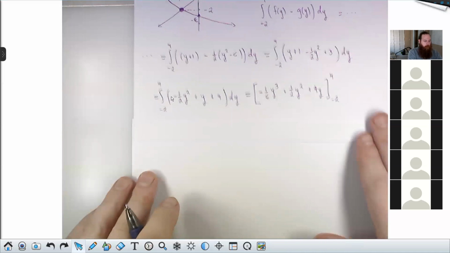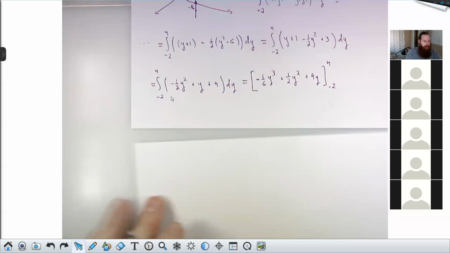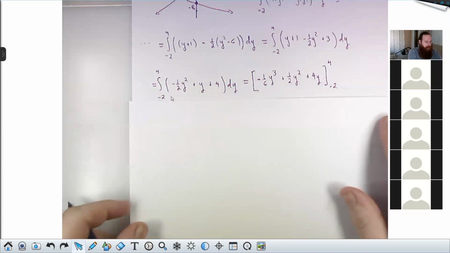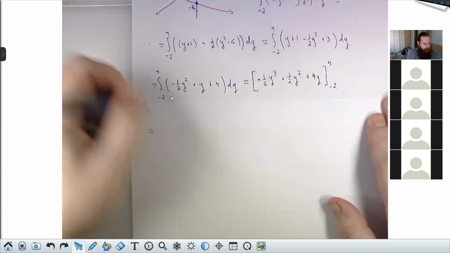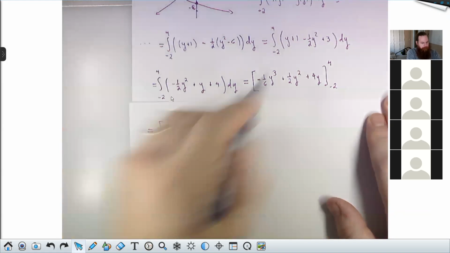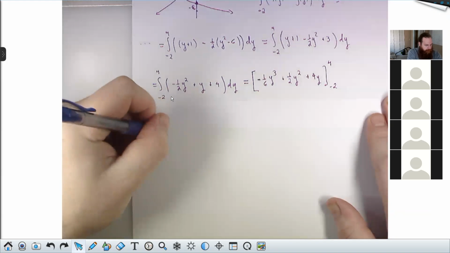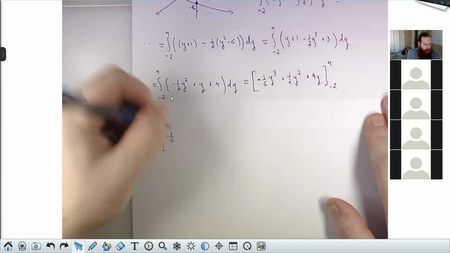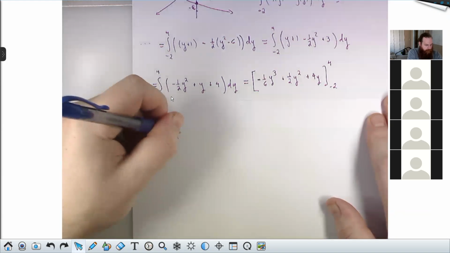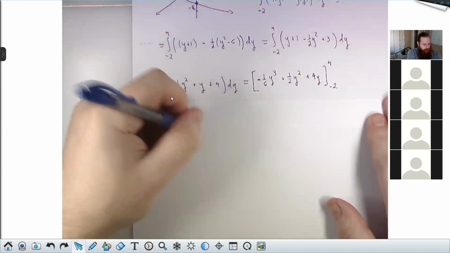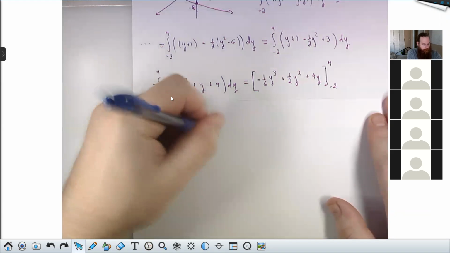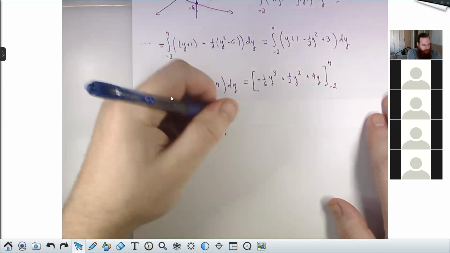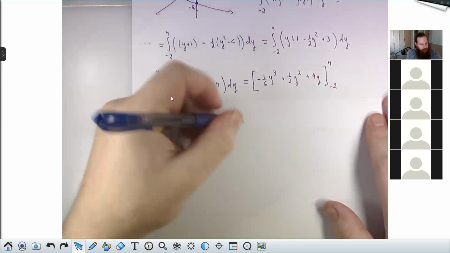So then from here, I'll plug in my upper bound and then subtract what I get when I plug in my lower bound. At the upper bound, we'll have negative 1/6 times 4 cubed, that's 64, plus 1/2 times 4 squared, that's 16, plus 4 times 4, that's also 16.